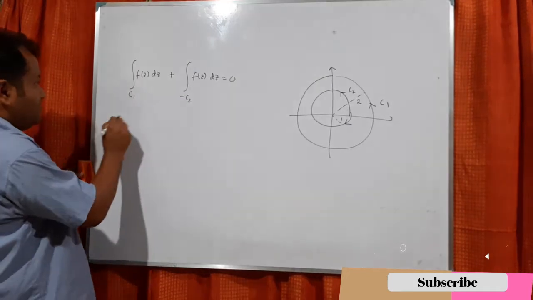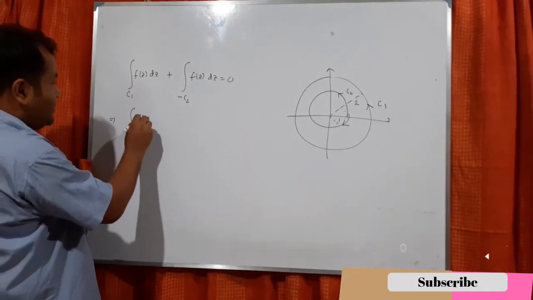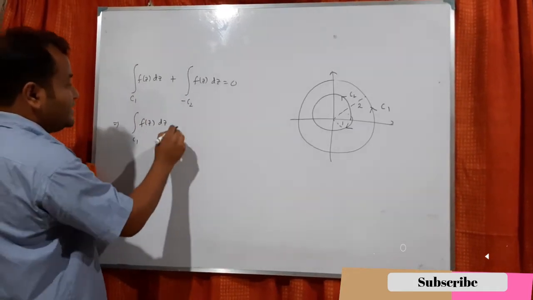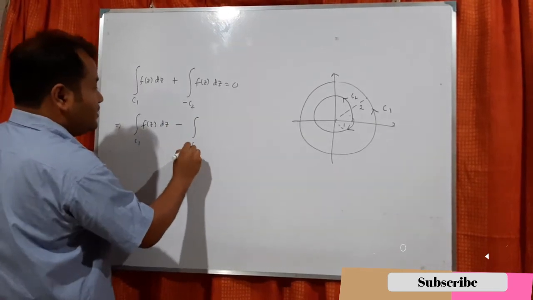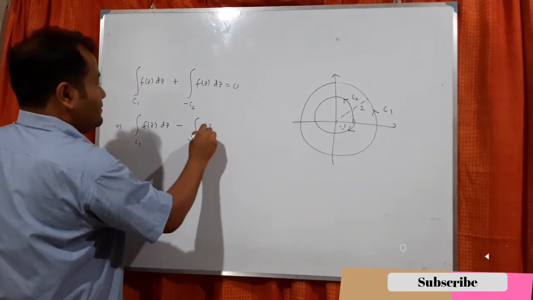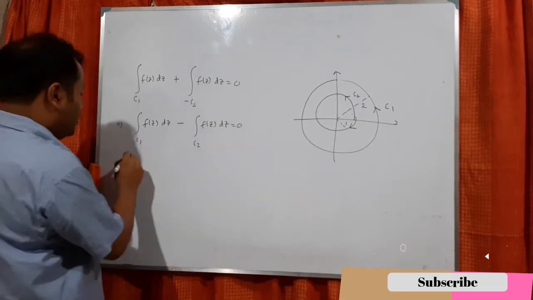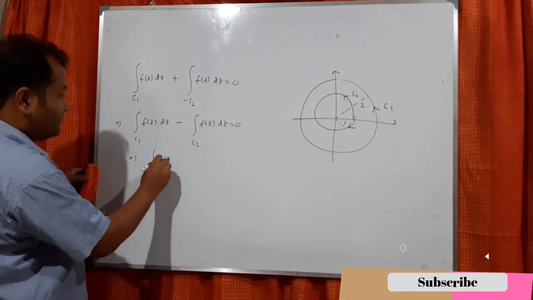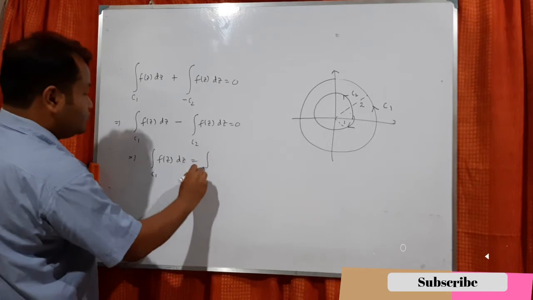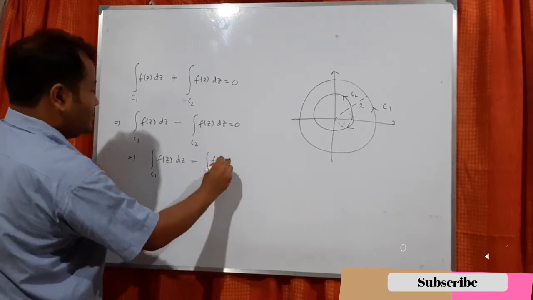Now what is this? Integral over C1 f(z) dz minus, since minus C2 means minus of the normal C2, integral over C2 f(z) dz equals 0. So integral over C1 f(z) dz equals integral over C2 f(z) dz.